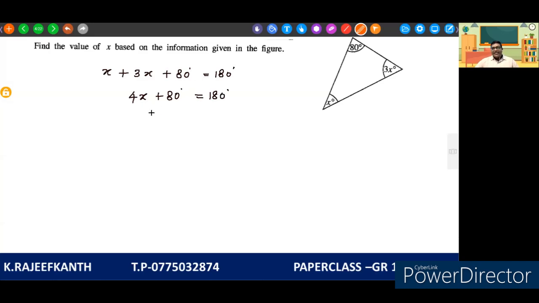Now we have to find the value of 4x, so we subtract 80 degrees from both sides, then 100 degrees. Now we divide by 4 on both sides, then x is equal to 25 degrees. Then the value of x is equal to 25.